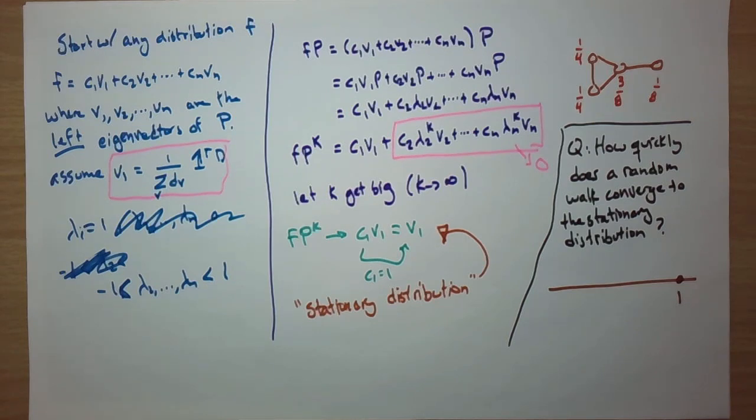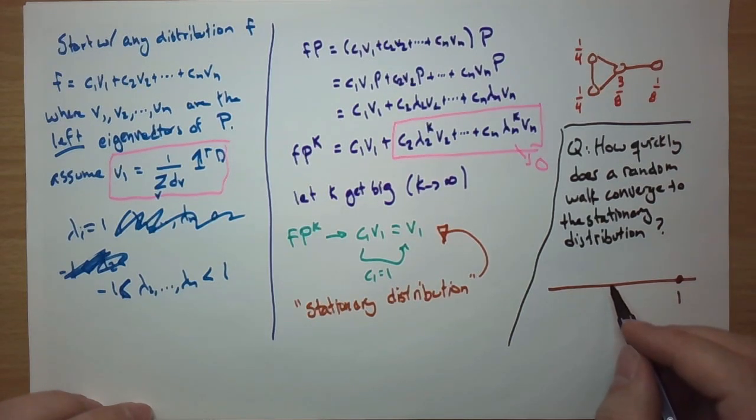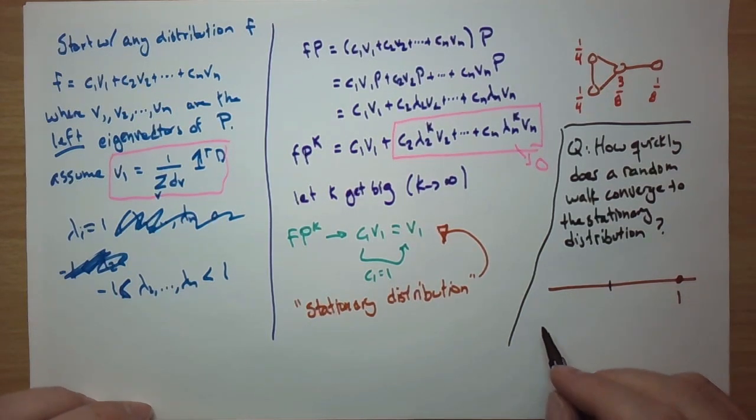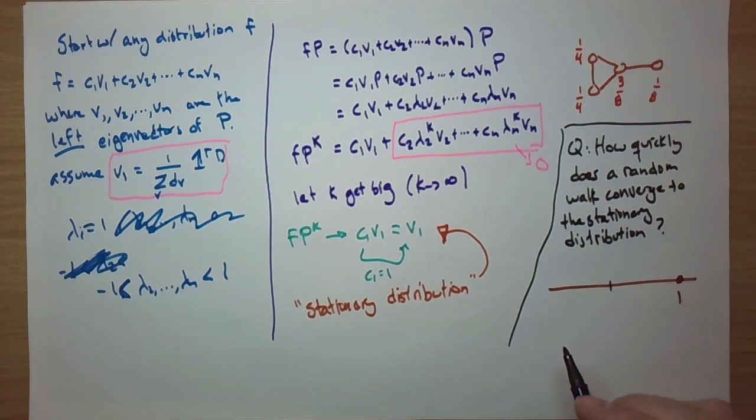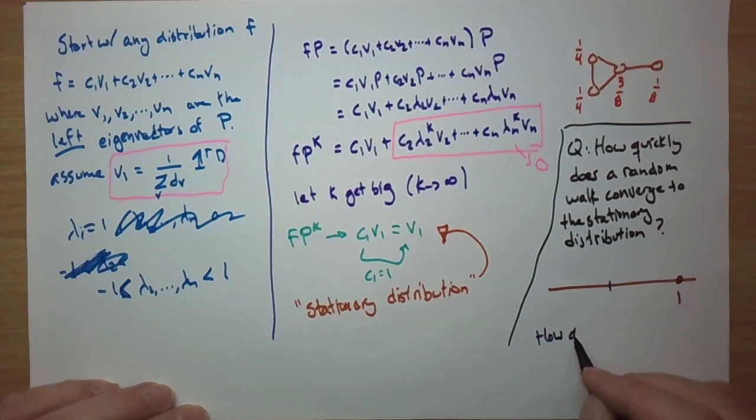So how quickly does it converge? I feel like I'm answering a question with a question, but I'm still going to write it down. How close are the non-1 eigenvalues to 0?